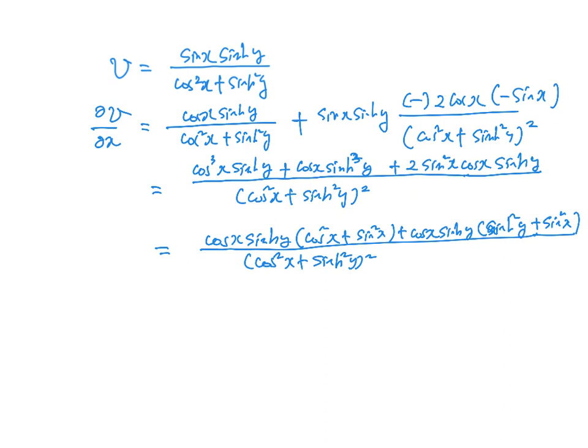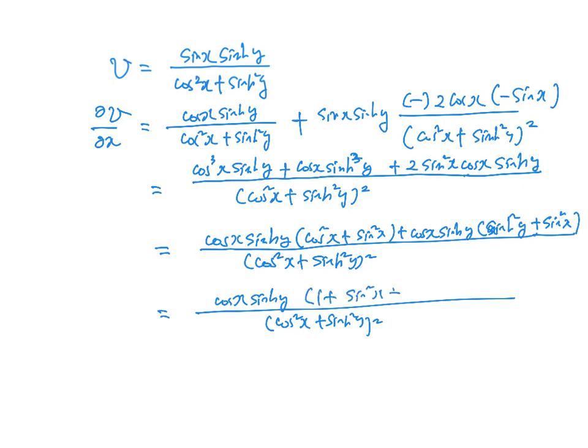The first one is cosine x sine hyperbolic y. So cosine x sine hyperbolic y plus 1 plus sine square x plus sine hyperbolic y.